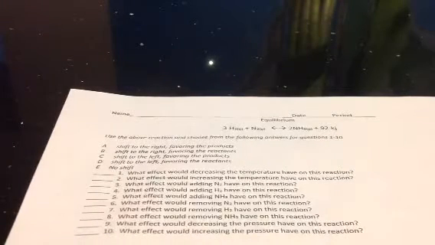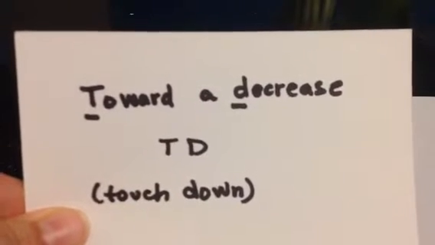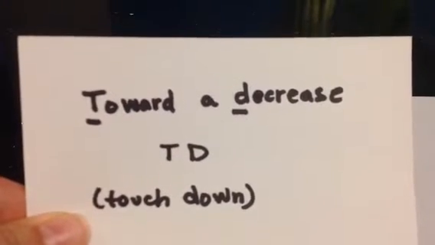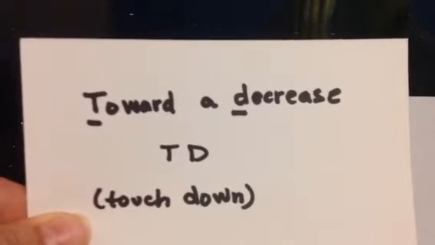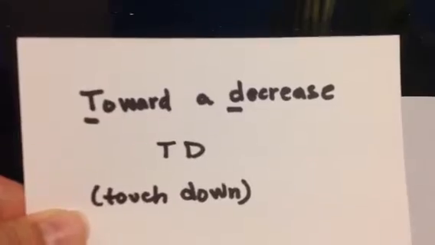First of all, there is going to be a determination of whether or not you are increasing a factor or decreasing a factor. If you are decreasing a factor, you are going to draw an arrow toward a decrease. So T and D. See, both of those letters are consonants. So I say touchdown, TD.